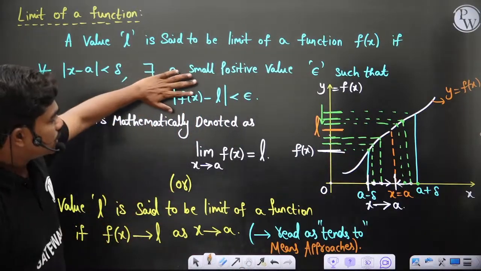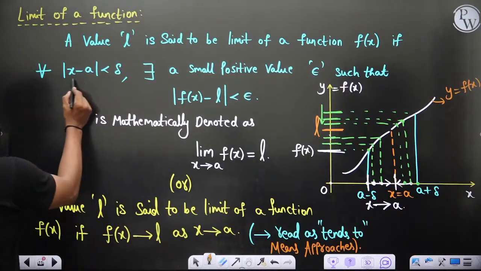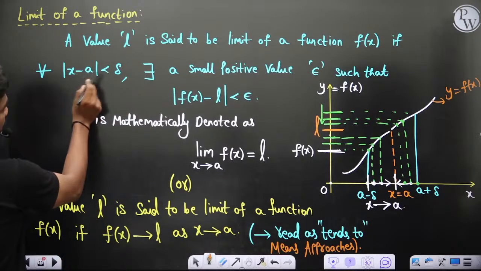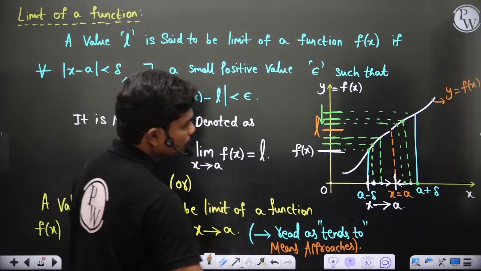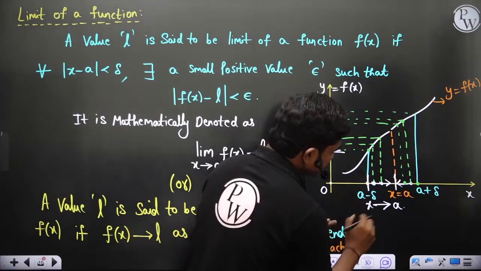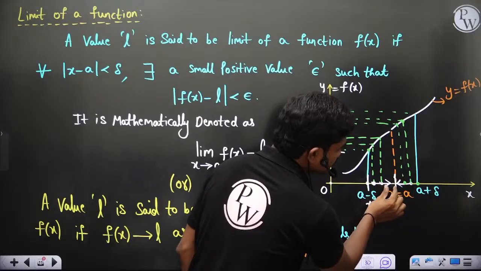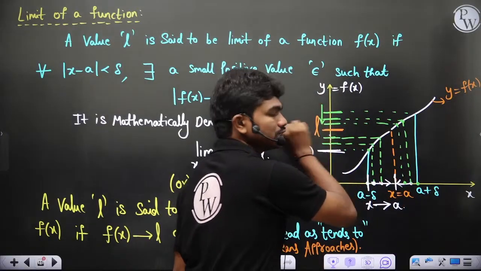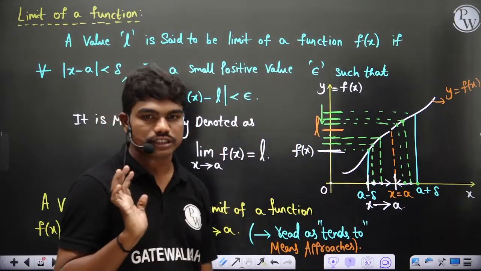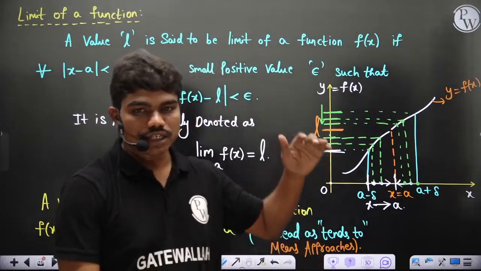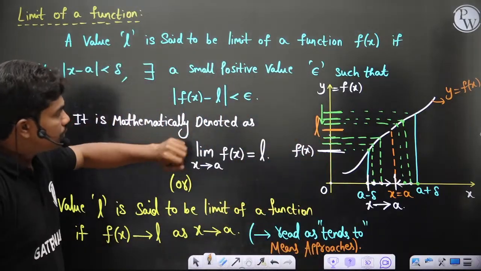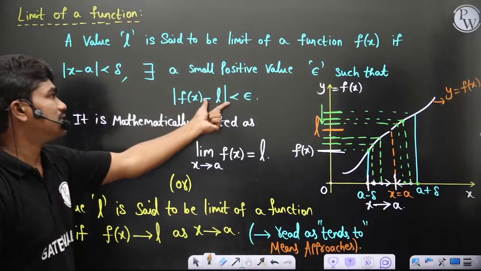Now clearly this definition holds as long as you keep this difference between x and a. x minus a is some small value, and f of x minus L is also some small value. When you are at this point, and this is the difference, then correspondingly some epsilon difference is also there between f of x and L always. That's the upper definition. The upper definition tells you that if there is a difference between these two, then definitely there is a difference between these two also.